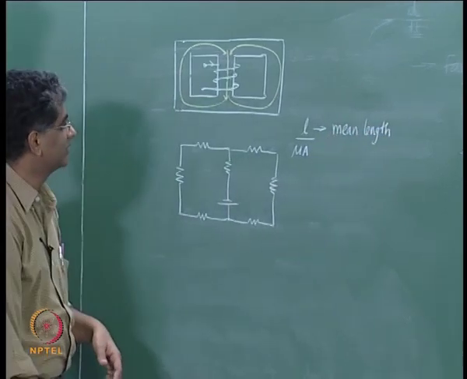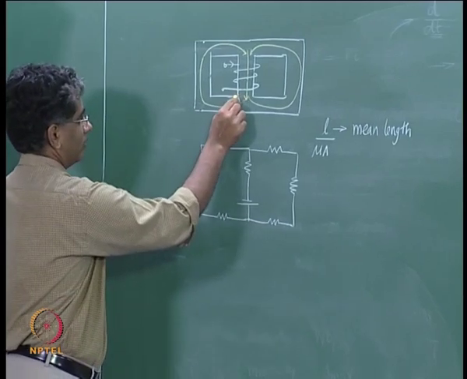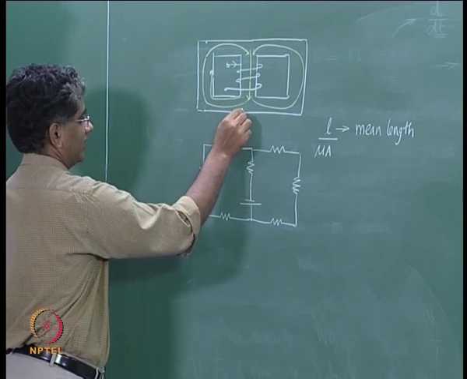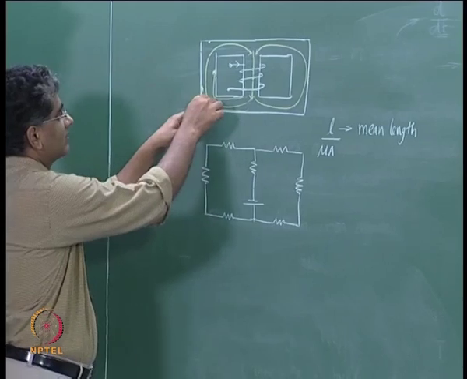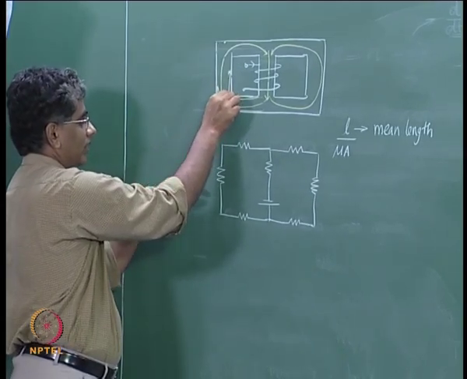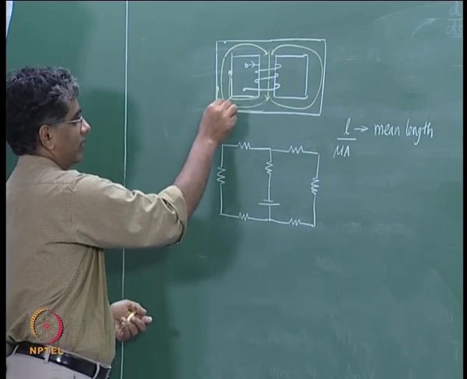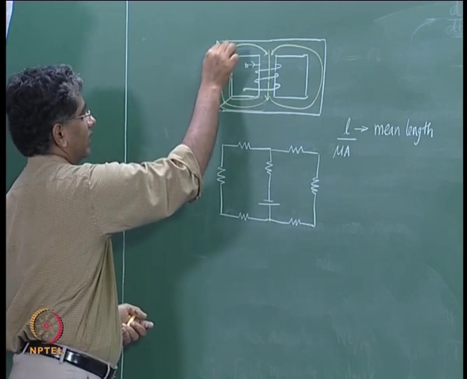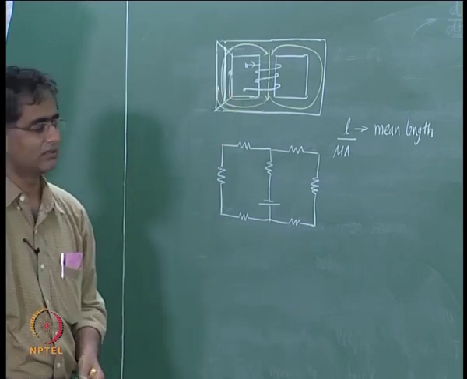Mean length in the sense you will have some flux lines that are going close to this, and some flux lines that are going here. So the mean length in this part of the core will be, if you draw a line connecting these two parts, and then you take the midpoint of this, draw a line connecting these two, take a midpoint here, then this length is considered to be the mean length.